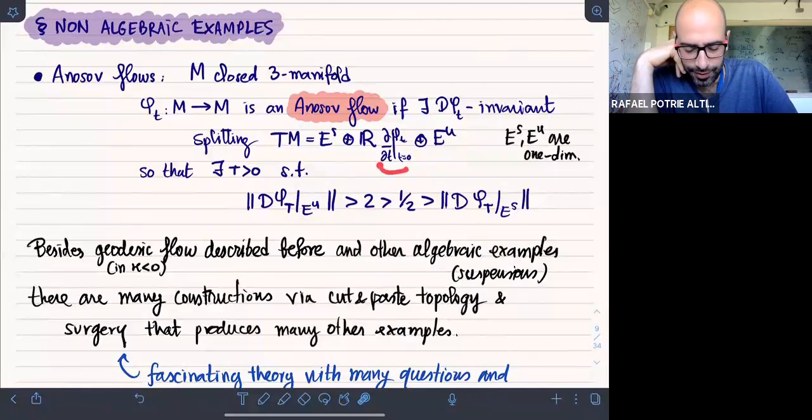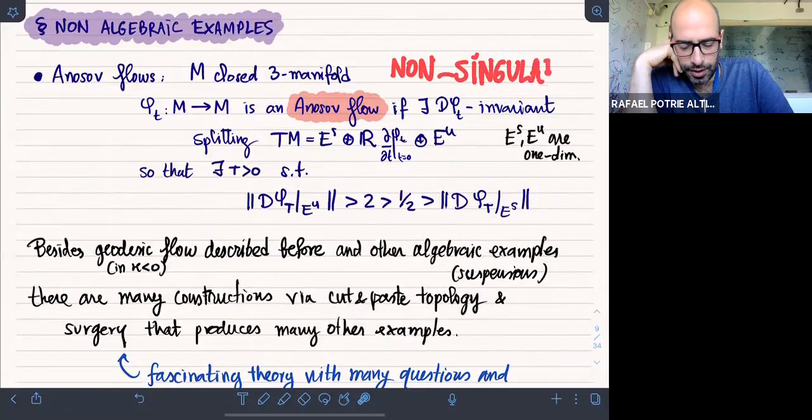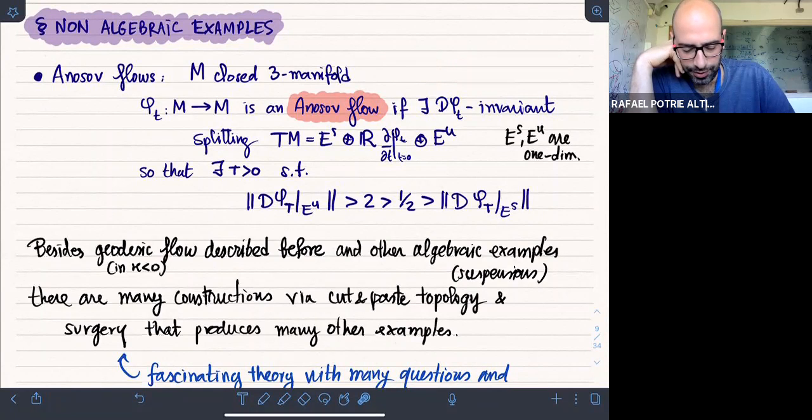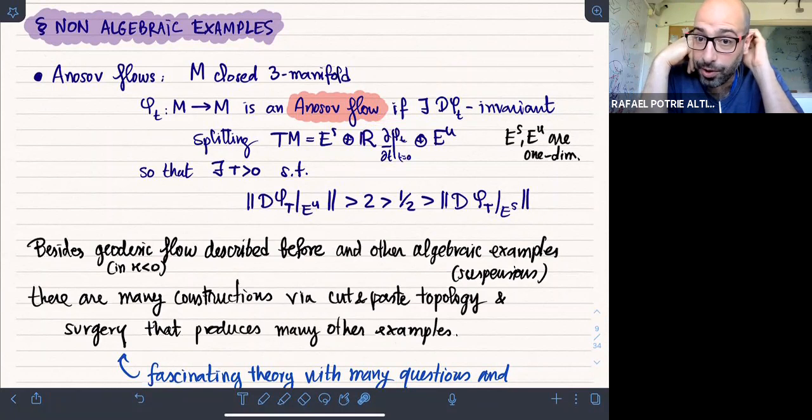Notice that the flow is a non-singular flow. Let me emphasize that: non-singular. And since it doesn't have singularities, we don't need to require anything on the behavior in the center direction, because it will be automatic.